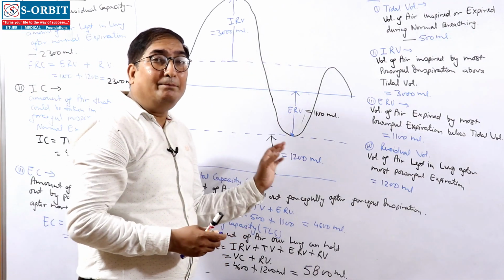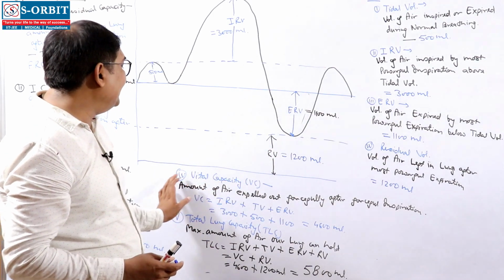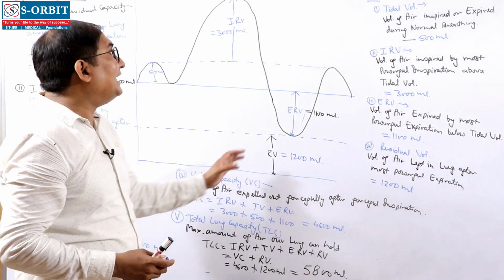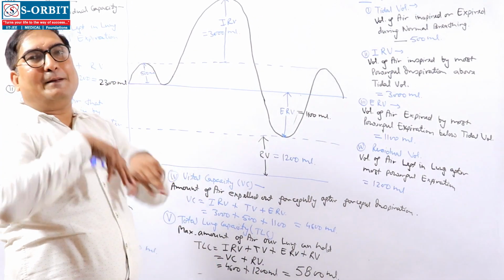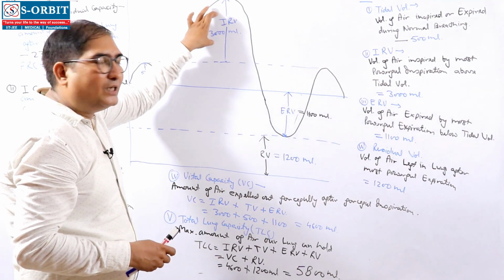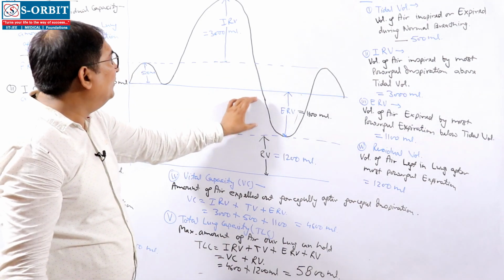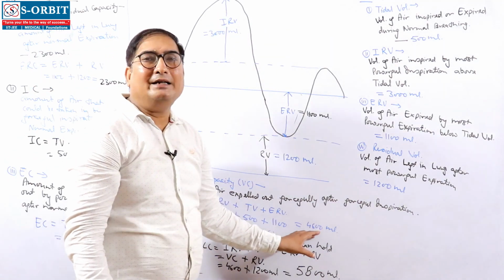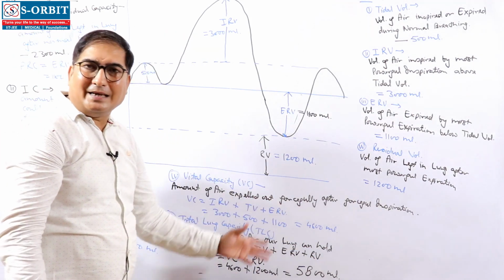Now the most important part is vital capacity. The vital capacity is the amount of air expelled out forcefully after forceful inspiration. So vital capacity is inspiratory reserve volume plus this tidal volume plus this expiratory reserve volume, which is 4600 ml. And in final, the total lung capacities.